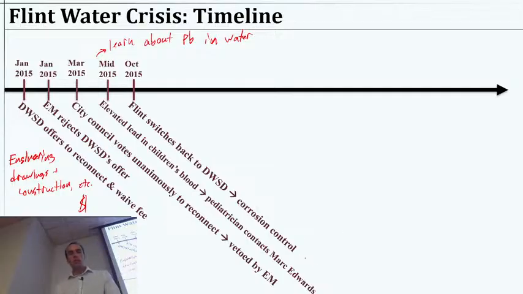So at this point, in some sense, this would be kind of the end of the crisis. At least in the sense of, as soon as you have the opposite of corrosion, which would be perhaps slow mineralization, letting minerals deposit on the pipes.